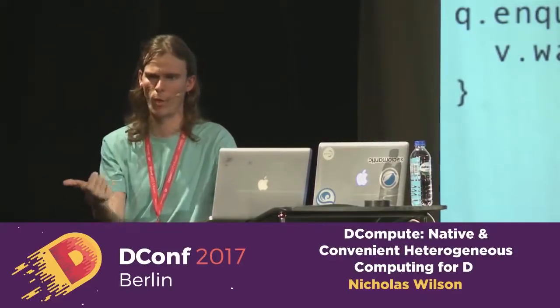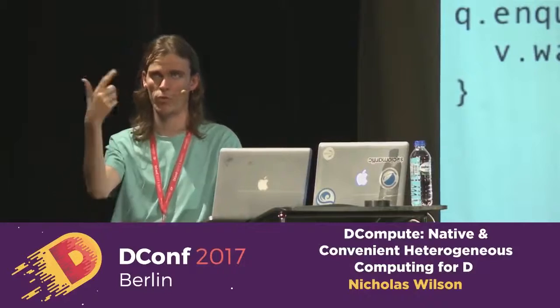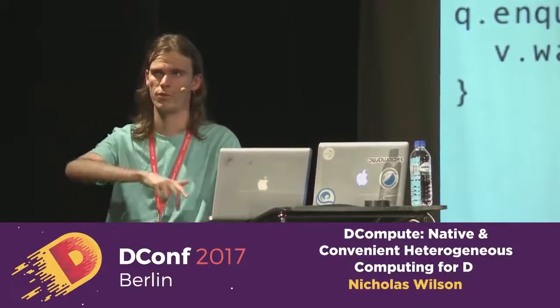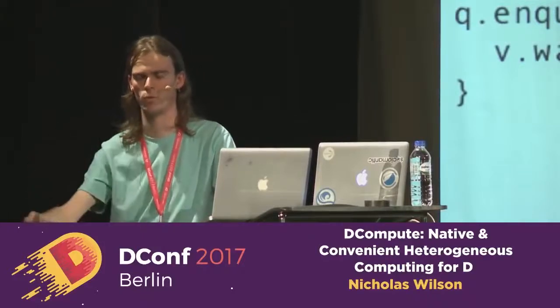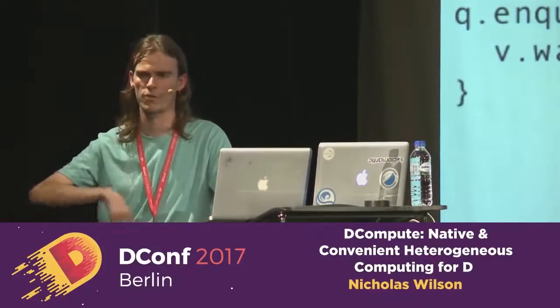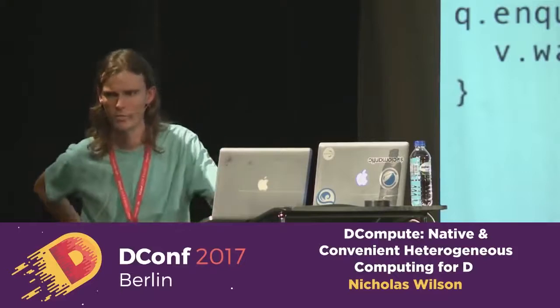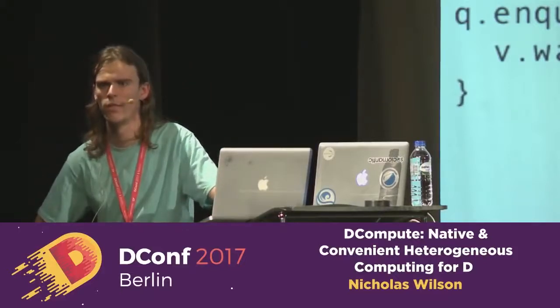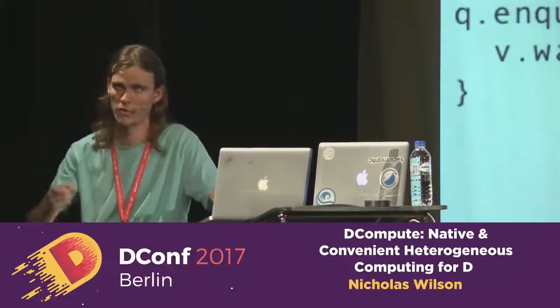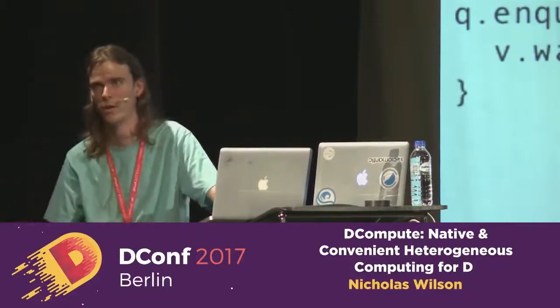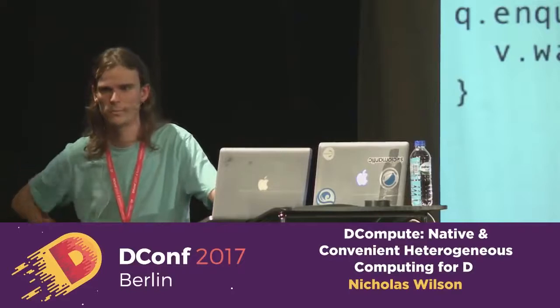It's got all the stuff you import from object.d, and it's also got the list of references to all of the templates that are instantiated from that module. So if you reference std.algorithm and stuff from that, assuming that it doesn't do anything you're not allowed to do in kernel code, then it should just work.